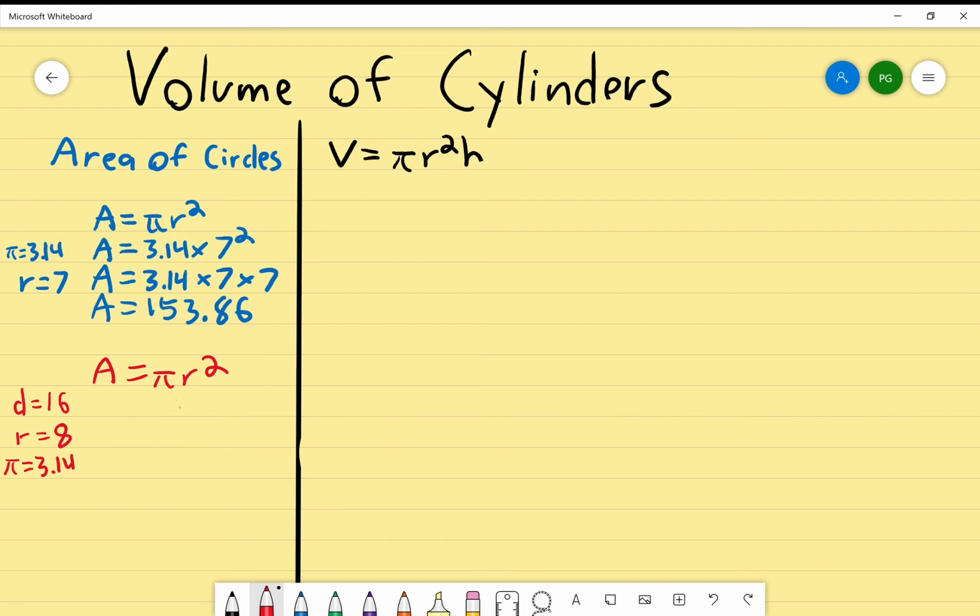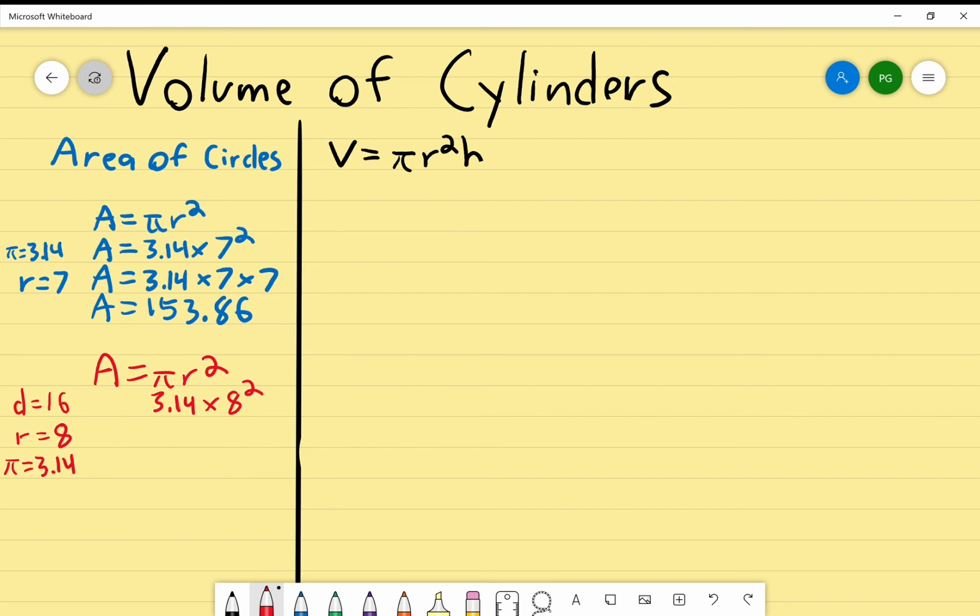Pi is 3.14, so let's go. Area equals pi, 3.14, times r. Remember, r is your 8, not your 16. Whoa, I have no idea what happened there. My computer is not cooperating. Okay, so area equals 3.14 times r, which is 8, squared.